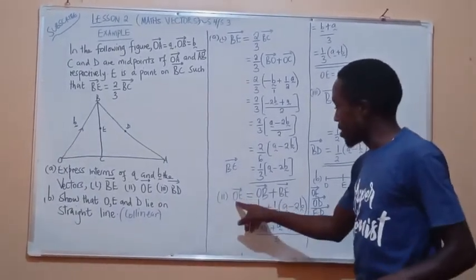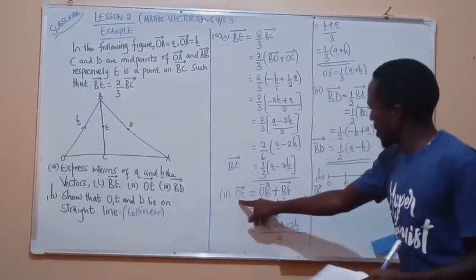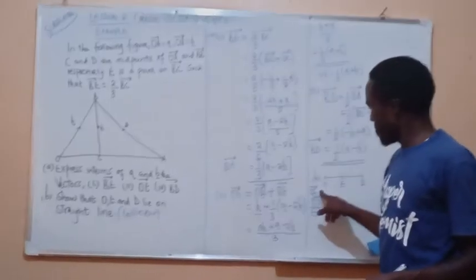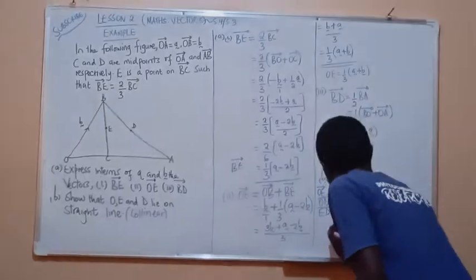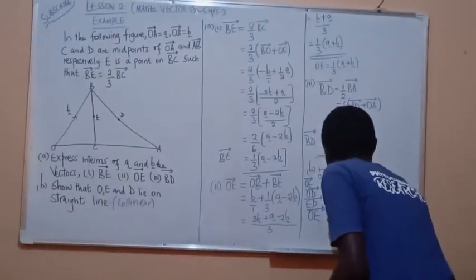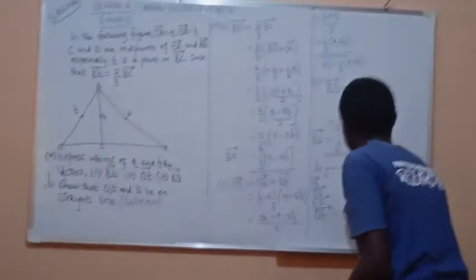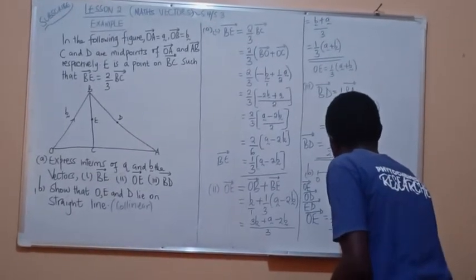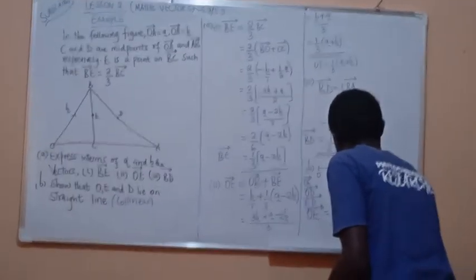Good, OE. Since I've already gotten OE, I don't need to find it again. My OE is equal to a third of A plus vector B. That is my OE.